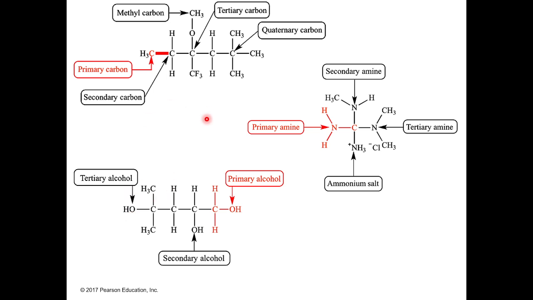Now, if you get confused on this, notice that you can never have an alcohol with more than 1 carbon attached to it, can you? How many bonds does oxygen typically make? 2. If it's an alcohol, one of those bonds is always hydrogen.